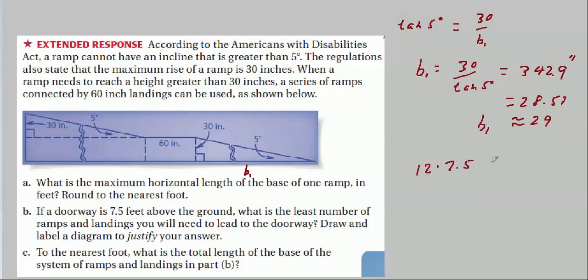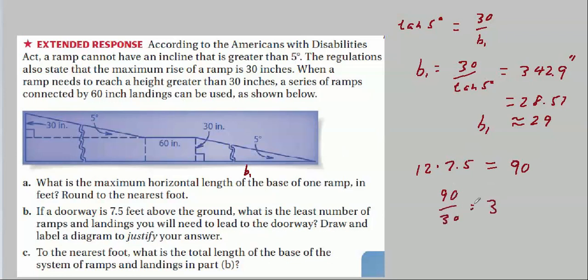So we get that 90 is the total number of vertical inches. That's the total rise we have to accomplish with all these ramps. Well, at 30 inches apiece, all we have to do is divide 90 by 30 and get that we need 3 ramps.